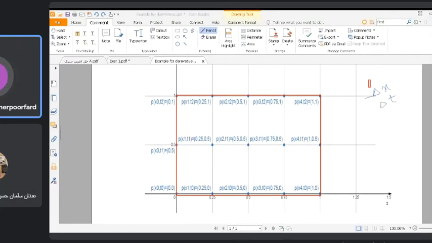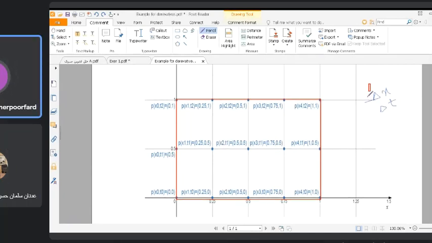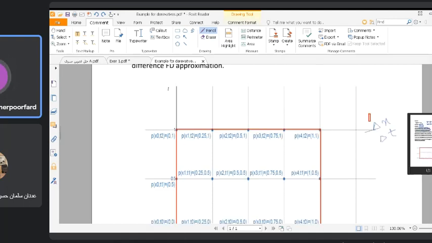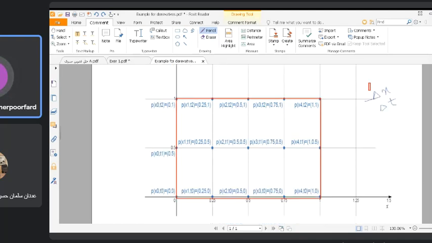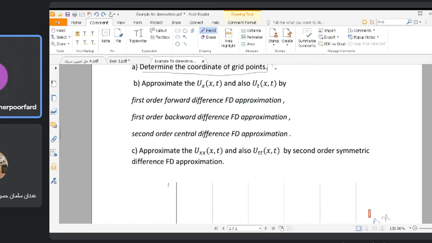Miss Zainab, Mr. Adnan. Yes. Delta x and delta t, we understand that we have only 15 points for the grid or mesh. Okay, and now we want to compute u with respect to x.